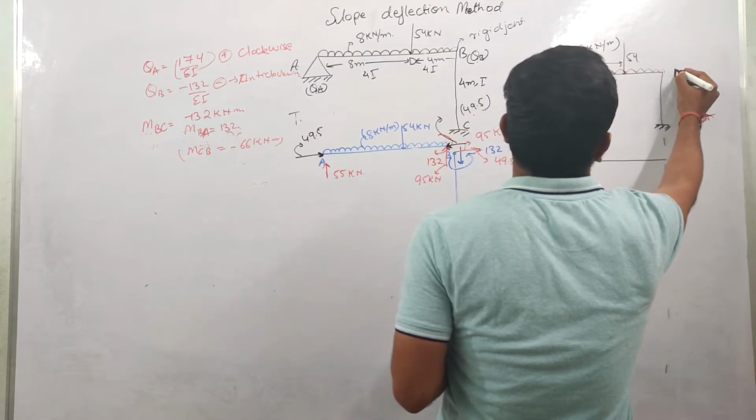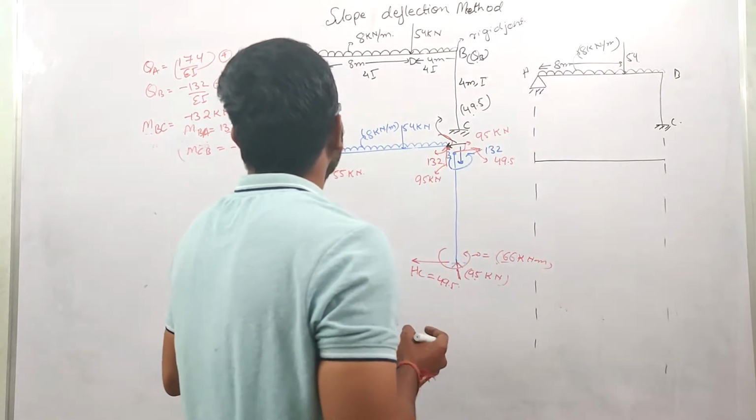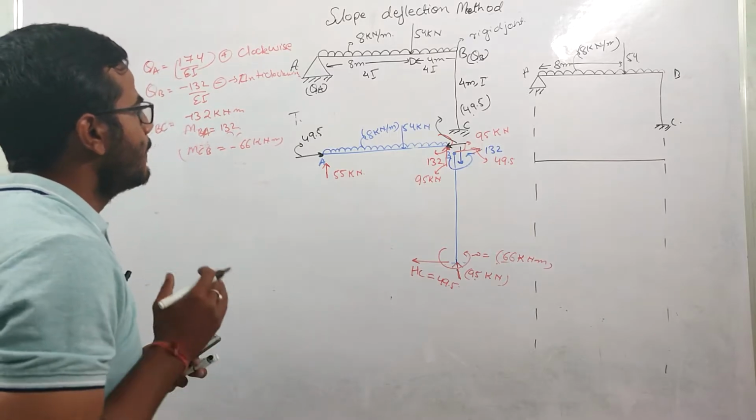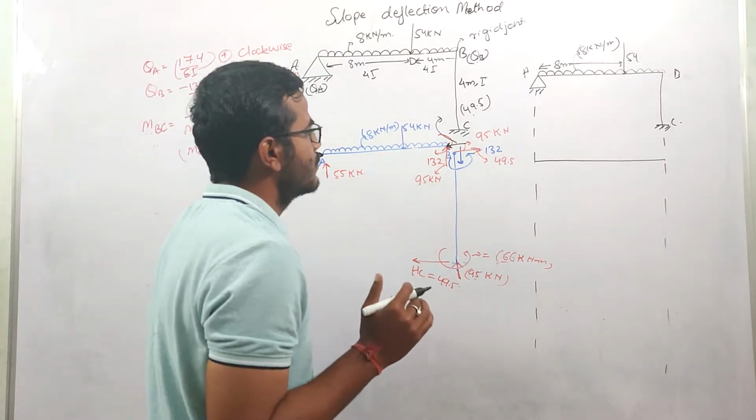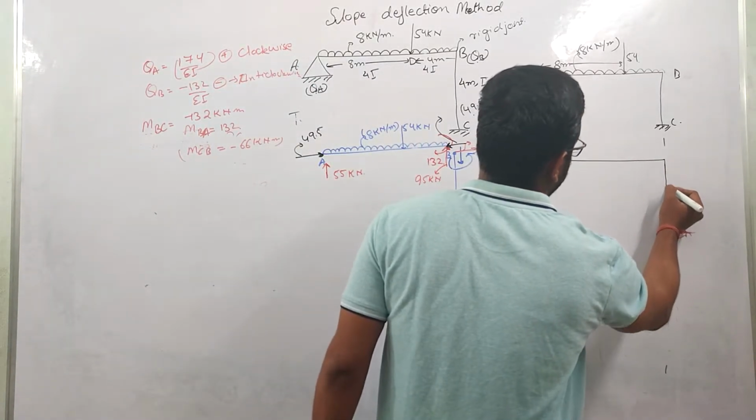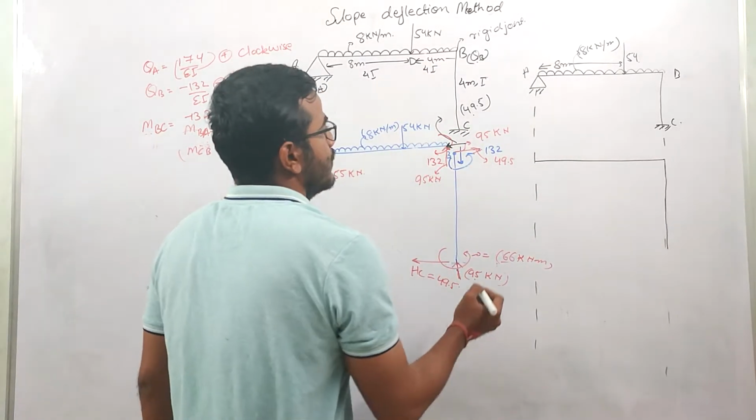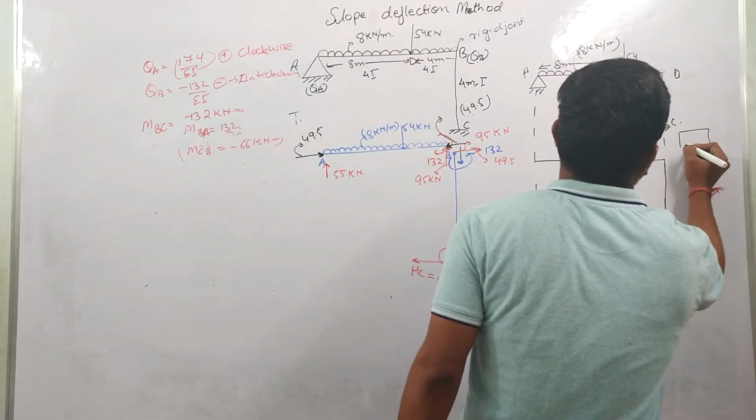This is A, this is B, and this is C, right? Now for the beam, the direction of the shear force diagram will be the same as we have assumed earlier, okay? This will always be considered positive.